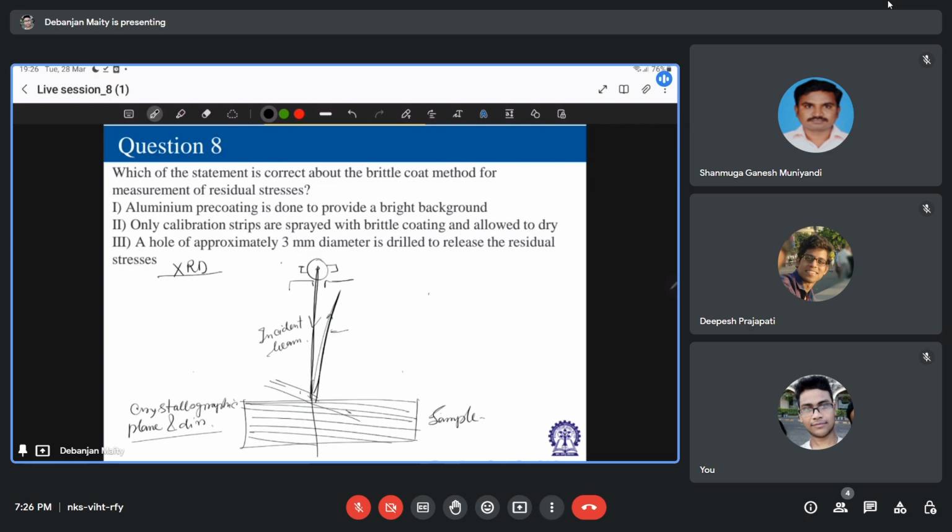So this is my diffracted beam, and this angle is 2 theta. You're well aware of this Bragg's law. I'm not going into Bragg's law. Same way it works.